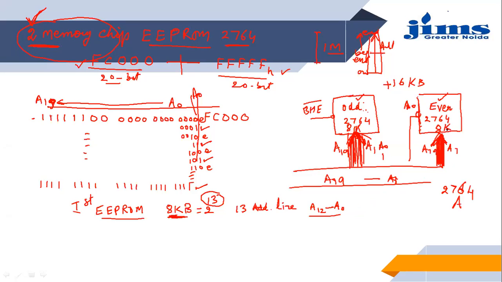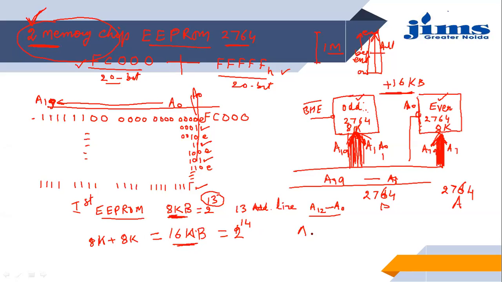Let me call this chip number A, and again for this one, 2764, chip number B. I would require one more extra line so that I can make use of the even and odd addressing scheme, because the total size will be 16 kilobytes. 8 kilo for the first IC plus 8 kilo for the second IC makes the total 16 kilobytes, which is equal to 2 power of 14.